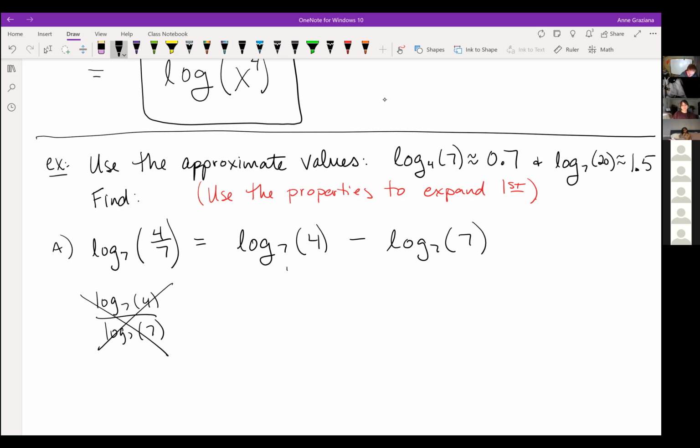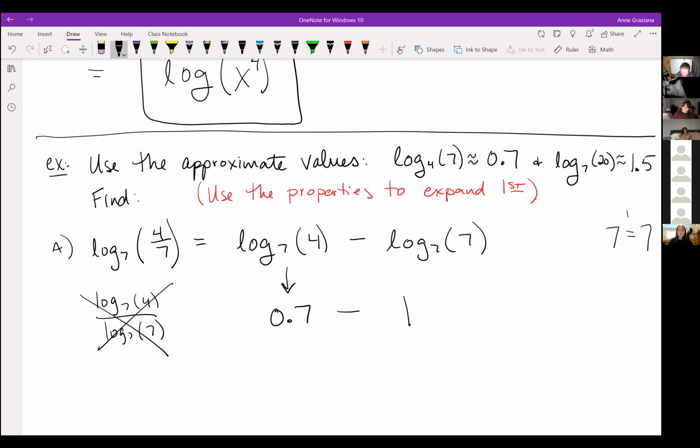Once I have that isolated, then I can make my substitution and say that's 0.7. Now, what about log base 7 of 7? I'm not given that, but I do know something about that. I didn't put this one in the warm-up. 7 to what power equals 7? 1. So this is just 1.